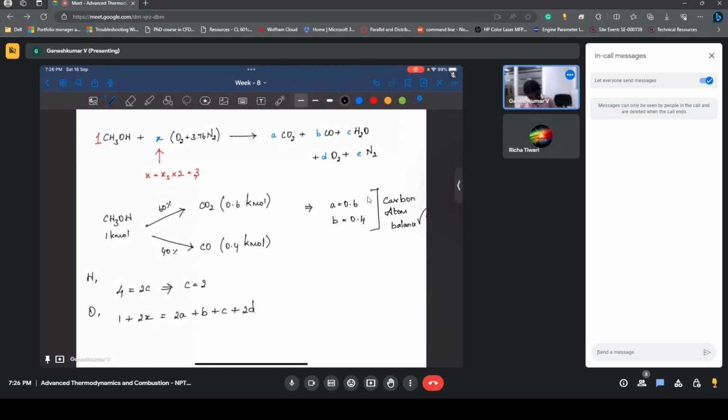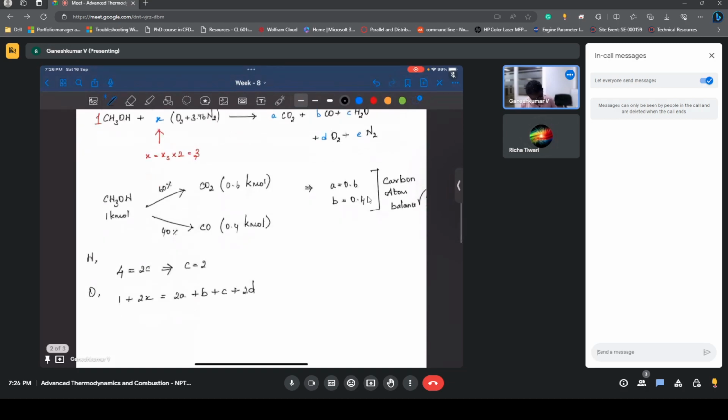We have a lot of things here. So now this would be 1 plus 2 into 3 is 6, plus 1. 2 into A is 1.2. B is 0.4. C is 2, plus 2D. So then you can find D easily. What is D coming out to be?